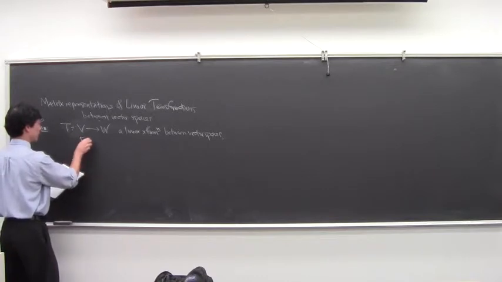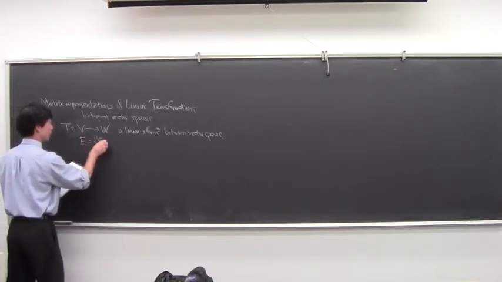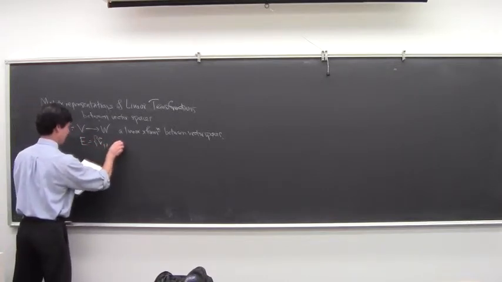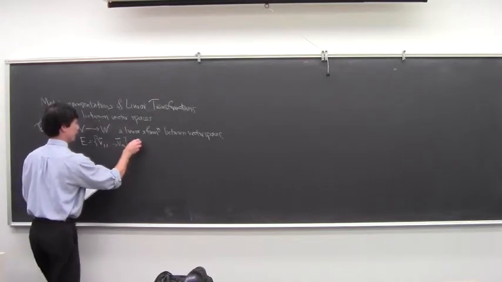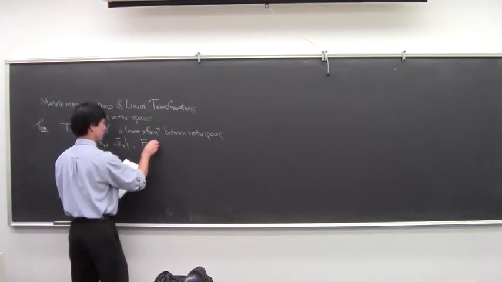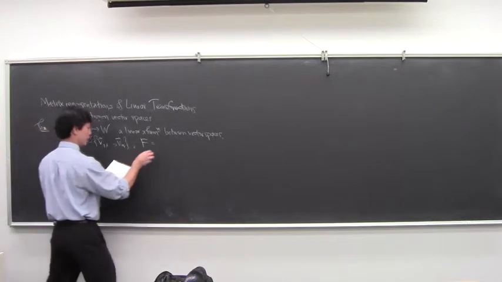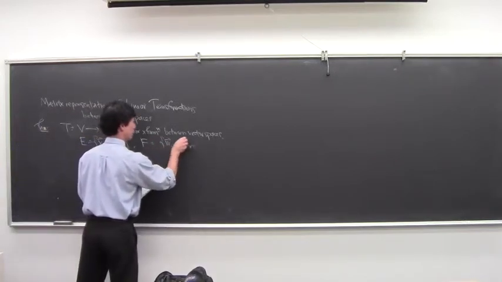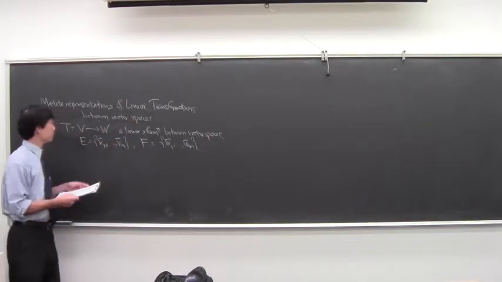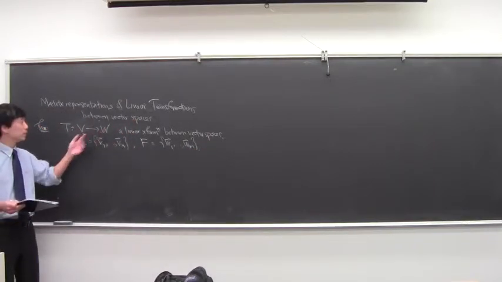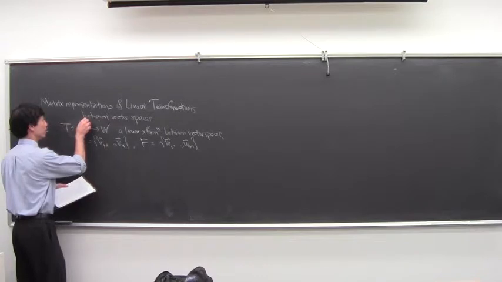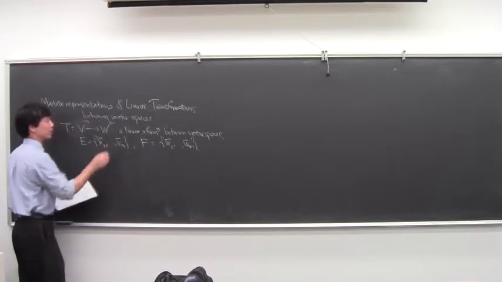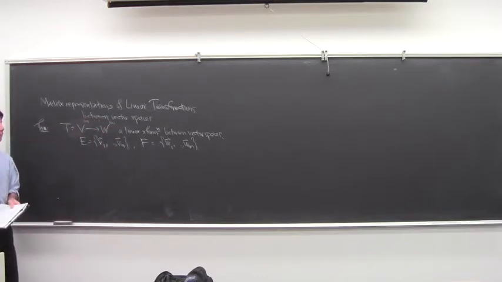So E is v1 to vn, and F is w1 to wm. So V is n-dimensional, W is m-dimensional. And E and F are bases.